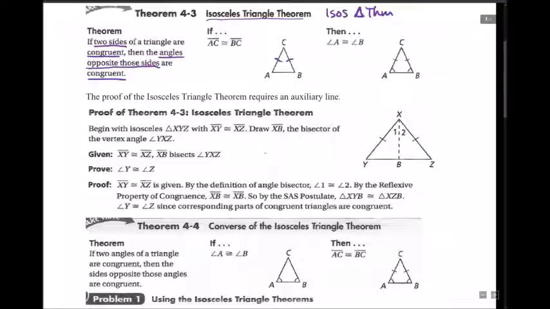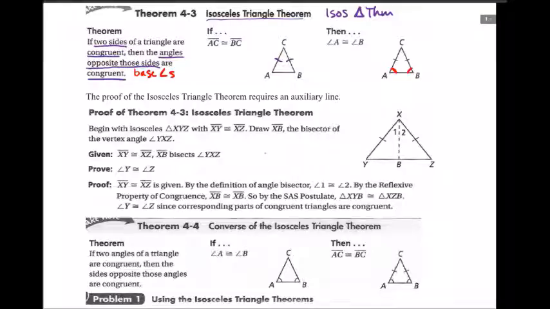So what we end up with here is, if you have an isosceles triangle, then your base angles are going to be congruent. So now, you see, we've got some congruent angles here.